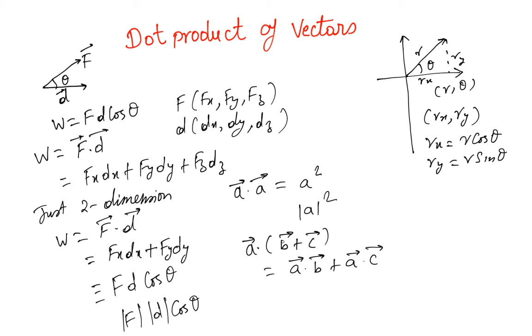It actually has a much wider understanding and importance when we start talking about things like relativity and in many other places. And also we'll be talking about the vector cross product, but that we'll do when we talk about angular momentum and other stuff. Okay.